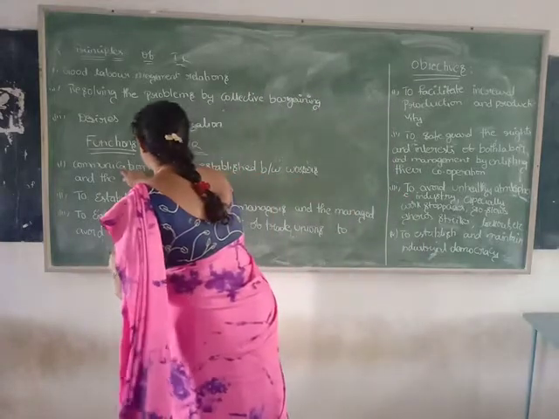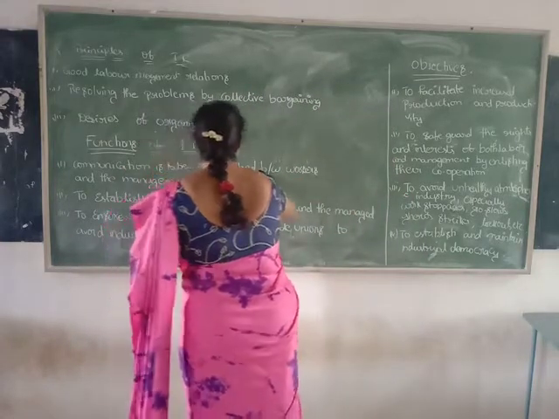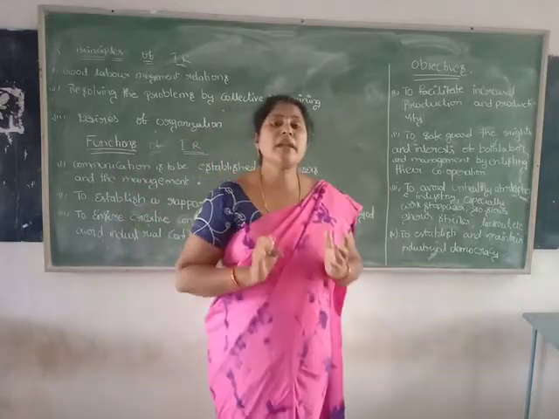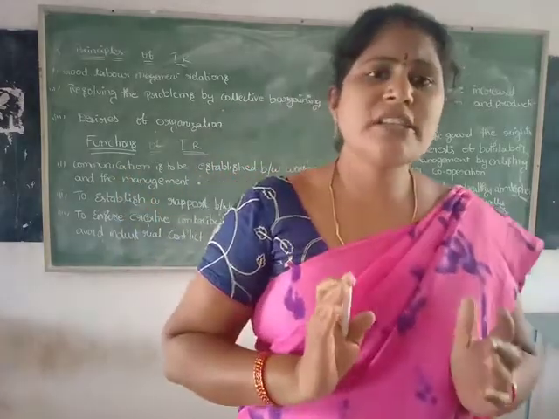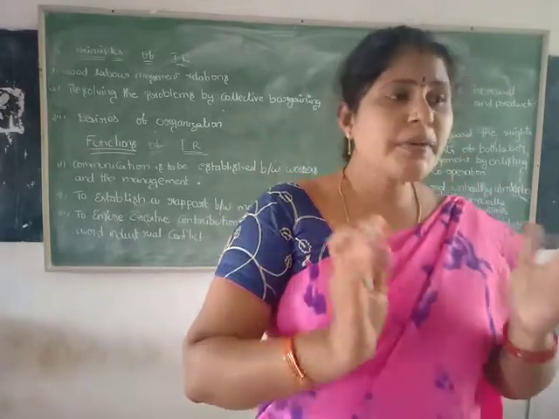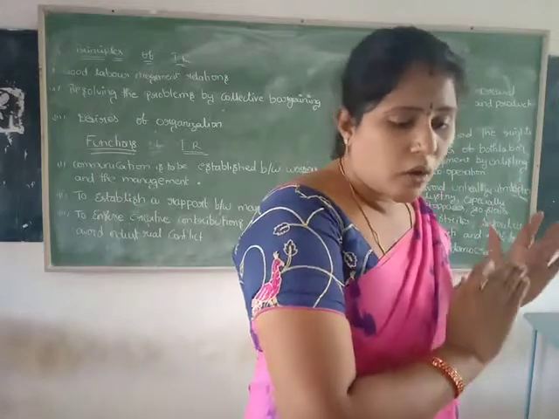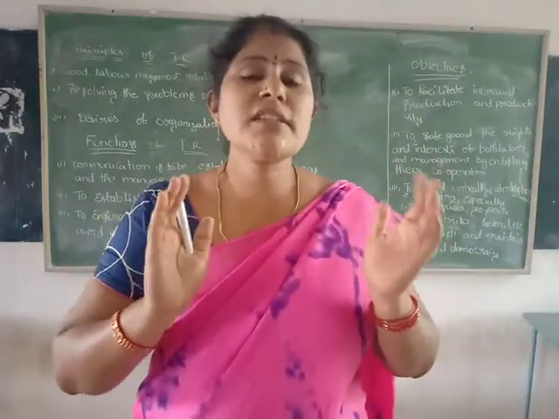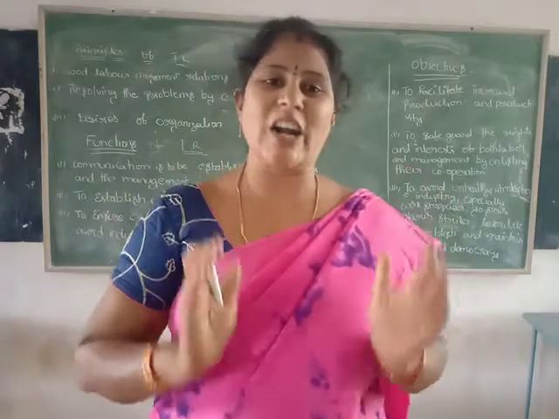But here the communication to be established between workers and management means they have to maintain a good relationship. The first function says they have to communicate. For what purpose are they communicating here? Because they have to establish a bridge. What is the bridge here? The bridge is the organization.